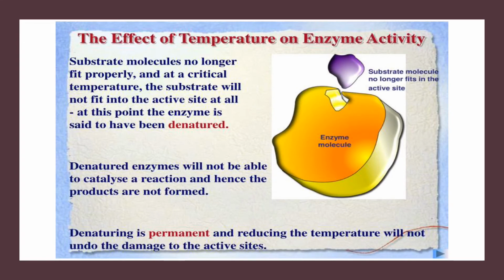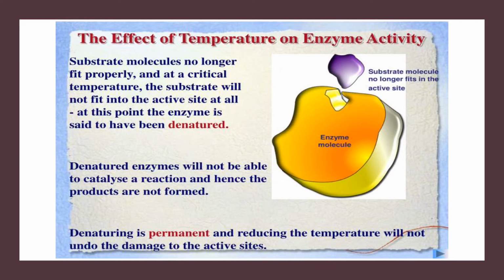Due to the changing shape of the active site of the enzyme, the substrate molecule can no longer fit the active site properly. At critical temperature, the substrate will not fit at all into the active site of the enzyme. At this point, the enzyme is said to have been denatured.